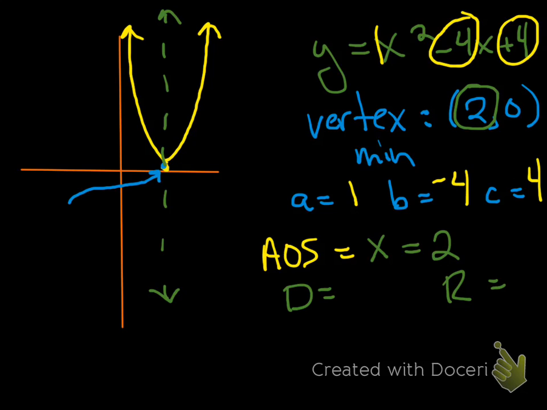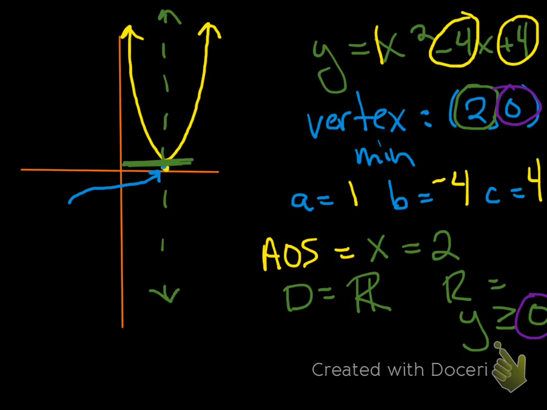Remember, domain is all x values. Since the parabola keeps on opening and it never goes over itself, the domain is all real numbers. And then the range: this is my minimum point, so y is greater than or equal to 0. And if you notice, this 0 right here matches this one.